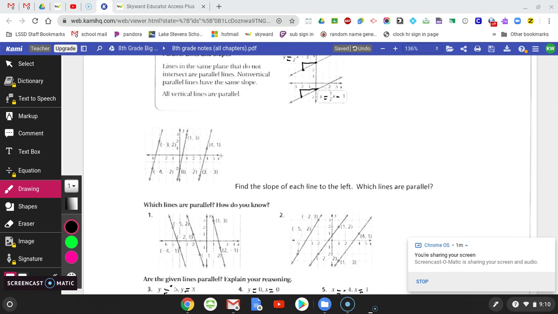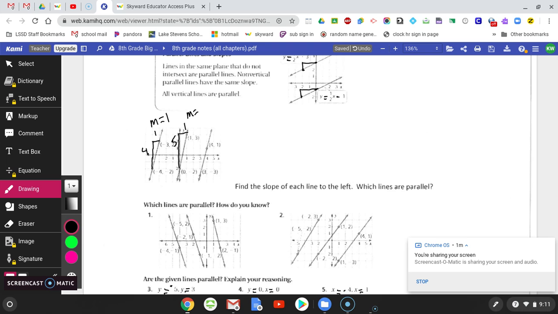It says to find the slope of each line to the left, and it wants to know which ones are parallel. So I'm going to count up. I go up 1, 2, 3, 4, and over 1. So this one has a slope of 4 over 1, which is 4. It's slanted in the positive direction, so it is a positive slope. On this one, I'm going to go up 1, 2, 3, 4, 5, and over 1.